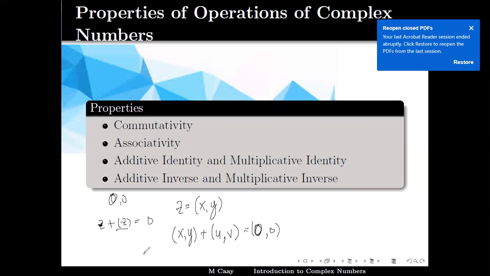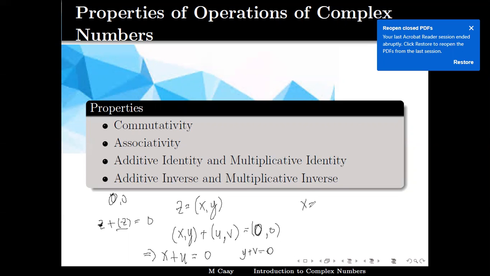So to get the entrywise, it's x plus u equals 0, and we also have y plus v equals 0. They're all real numbers here because we partition them into their parts.